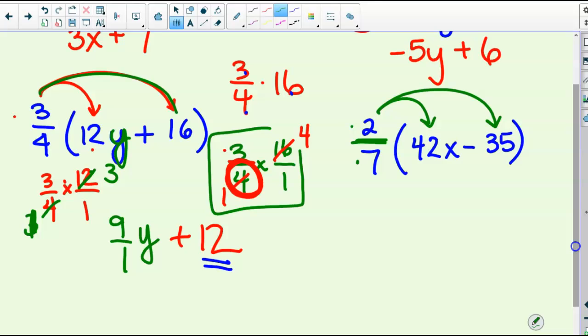In my head, 42 divided by 7 is 6, times 2 is 12, and that has the x on it. Negative 35 divided by 7 is negative 5, times 2 is negative 10.